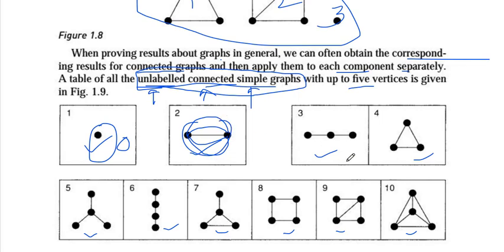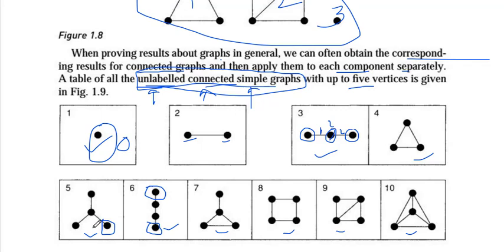This is an end vertex, for both the vertices. Both vertices are end vertices. This is an end vertex and this is also an end vertex. This is not an end vertex, why? Because it is connected with two edges, so its degree is 2. This example has end vertices, and these are also end vertices.